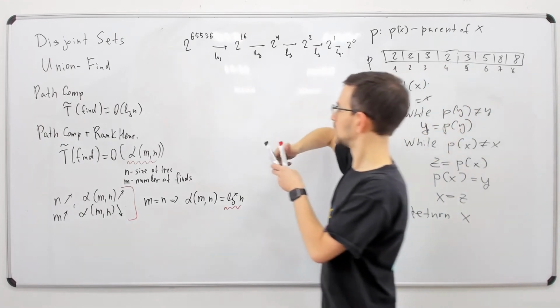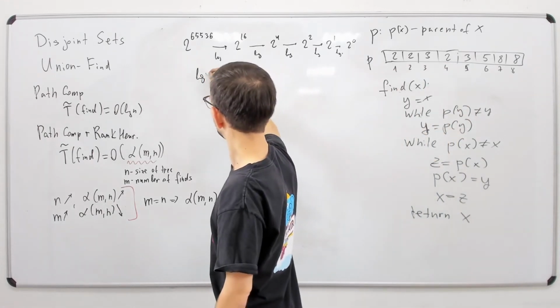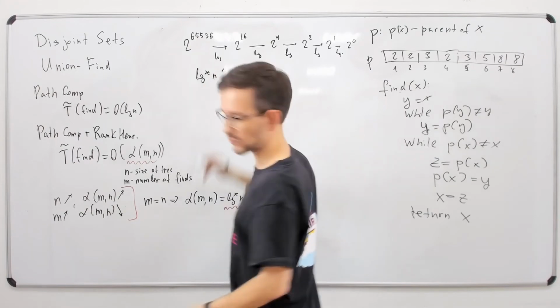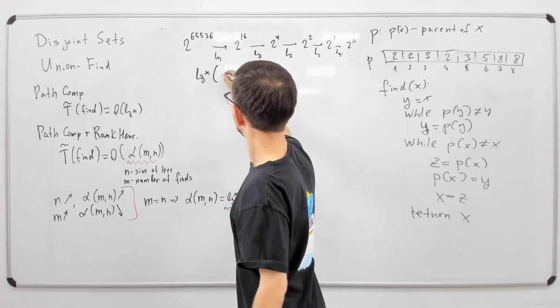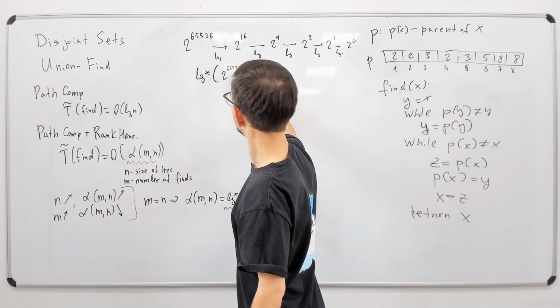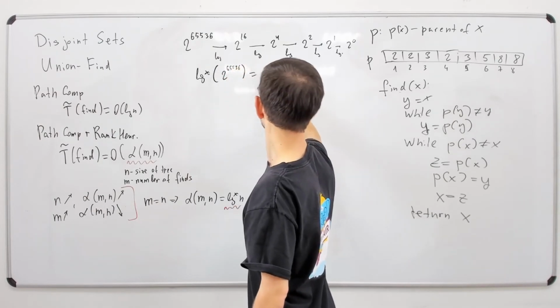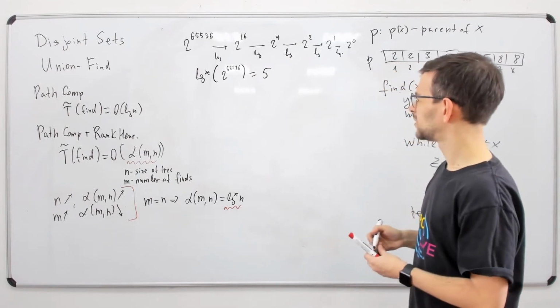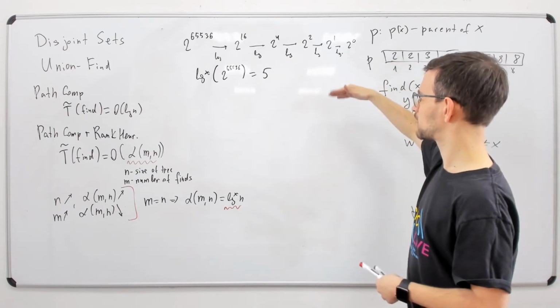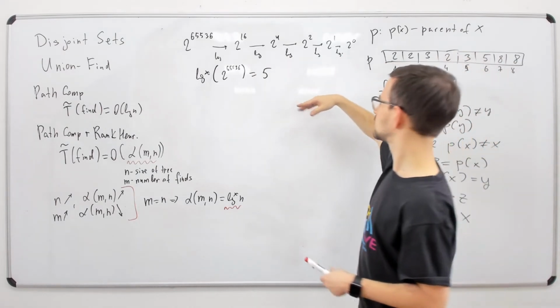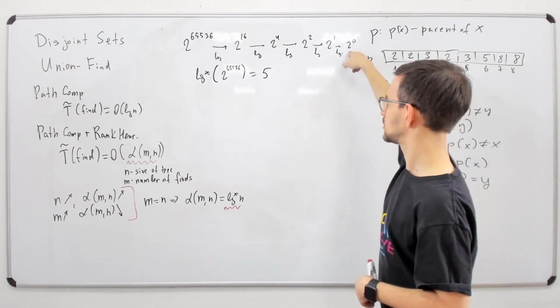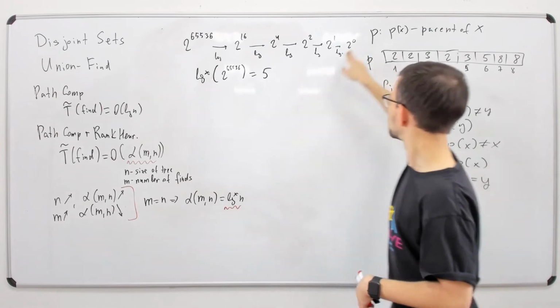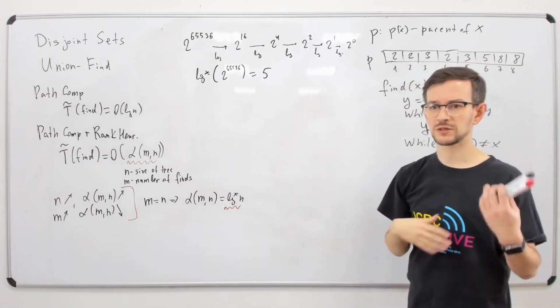So let's say that the iterated logarithm of n of this number is 5. Sometimes it's plus or minus 1, depending on where you want to end. If you end here, then it's 5. If you want to make one more step, then it will be 6. It's not a big deal.